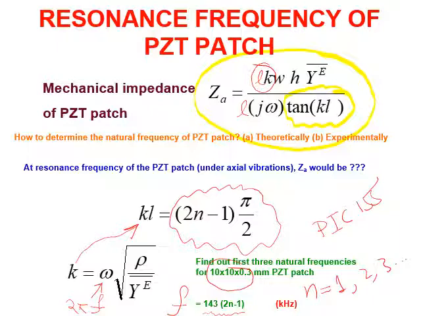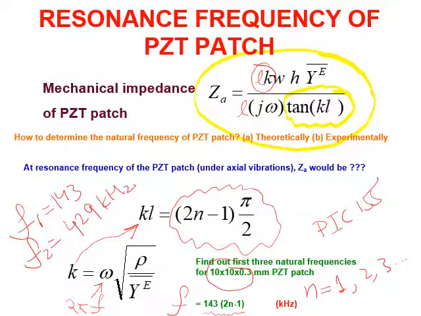Similarly, if you input n equal to 2, the second resonance frequency comes out to be 143 into 3, that is 429 kilohertz. And like this you can find the higher natural frequencies also. So this is about the theoretical.